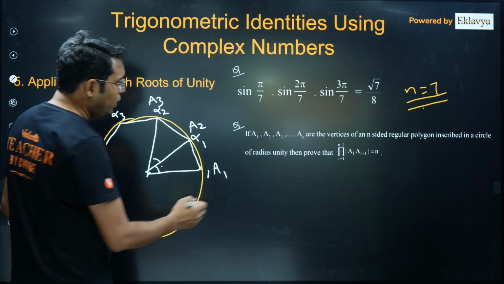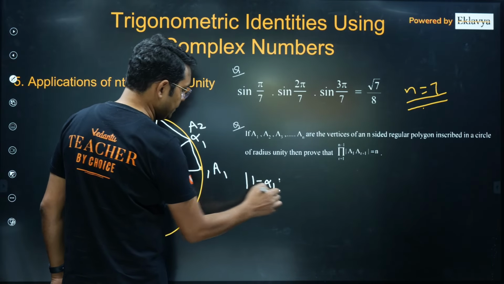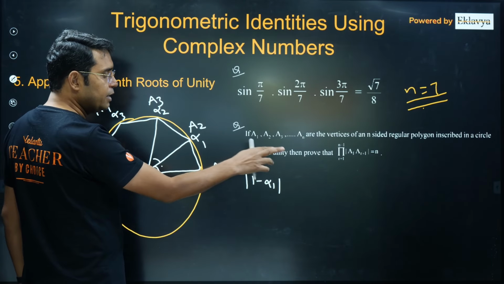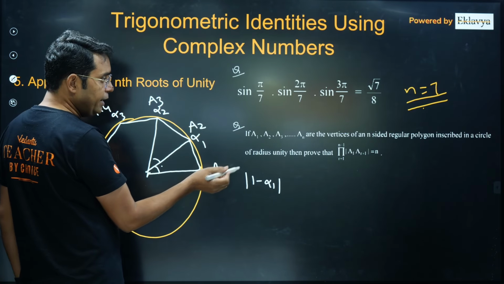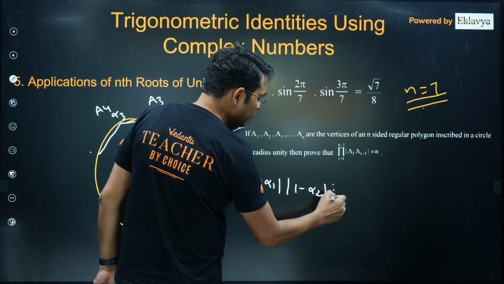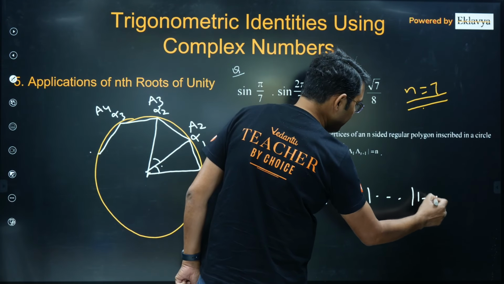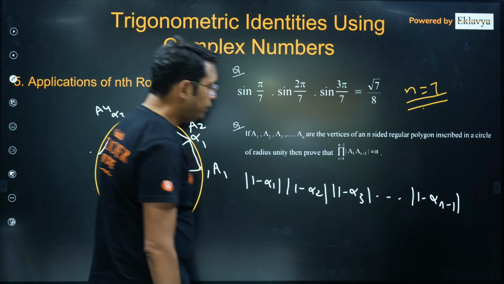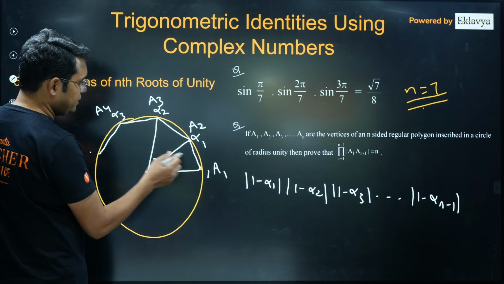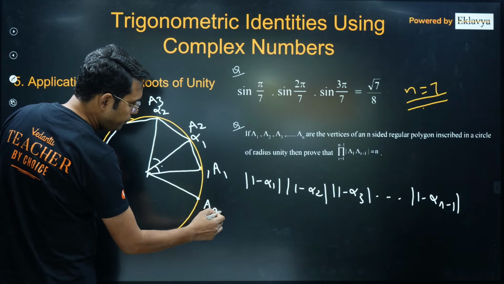Now they are asking for mod A1A2. Isn't it 1 minus alpha 1? Is it not 1 minus alpha 1, the mod of A1A2? Then A1A3 will be 1 minus alpha 2, then 1 minus alpha 3, and so on, up to 1 minus alpha n minus 1. If you look at all the vertices, this is A1, A2, A3, and the last one would be An.